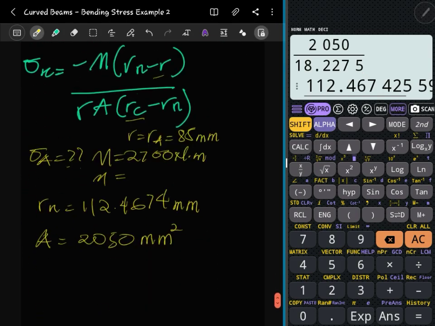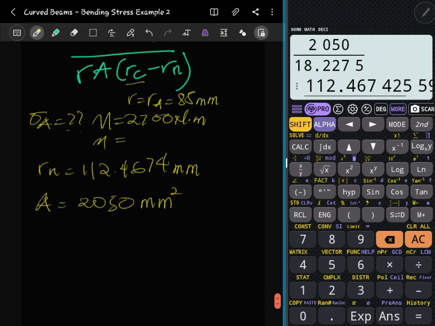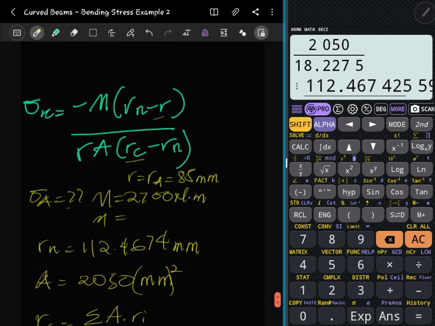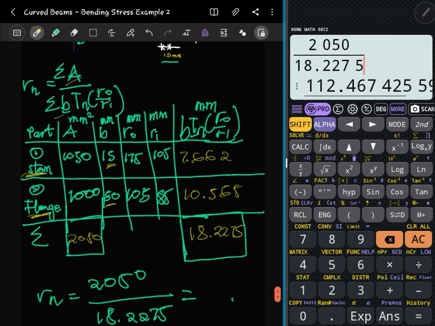Because it's a complex figure, we go about a particular way to find our RC, which we said earlier to be the sum of the area times the RI for each part, all on the area. So let's go back to this one right here and add a part to this table.